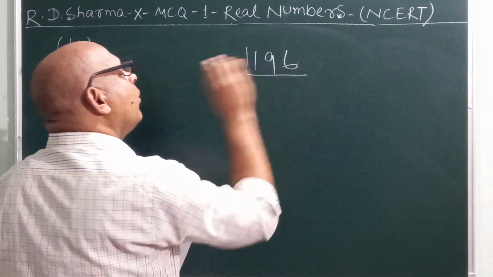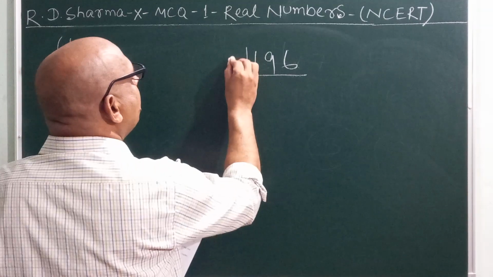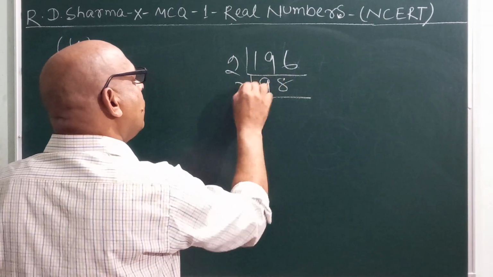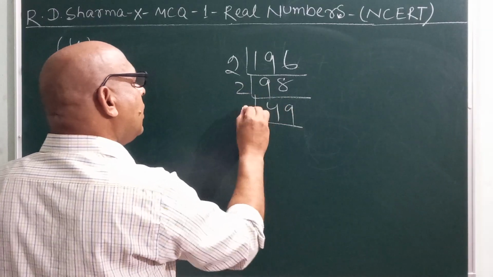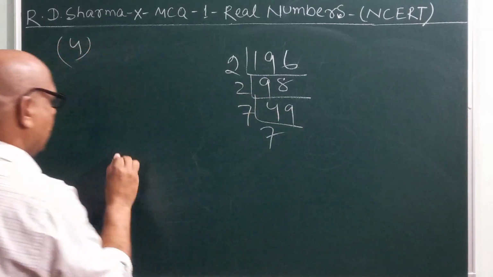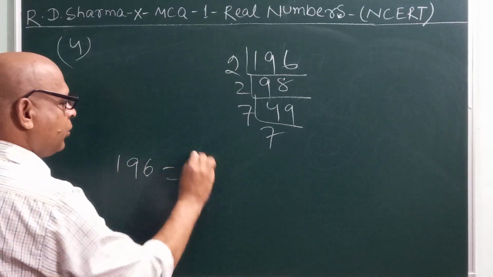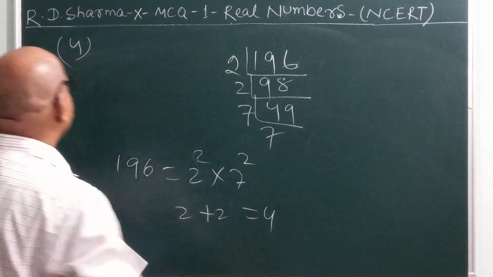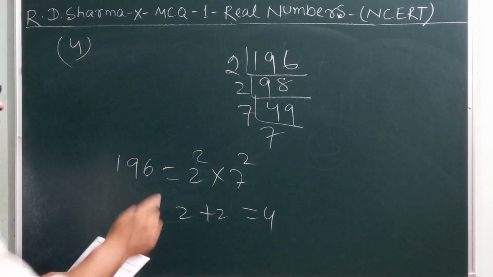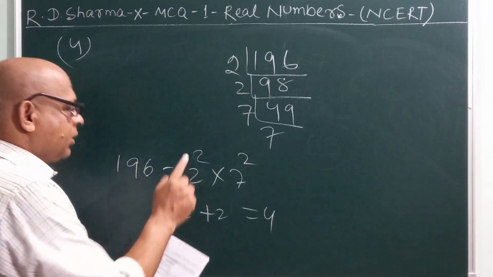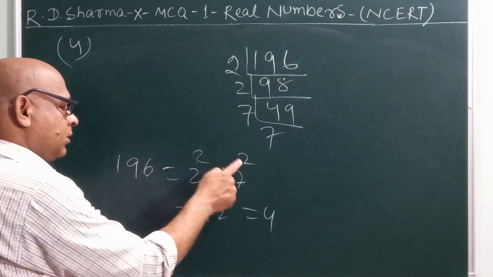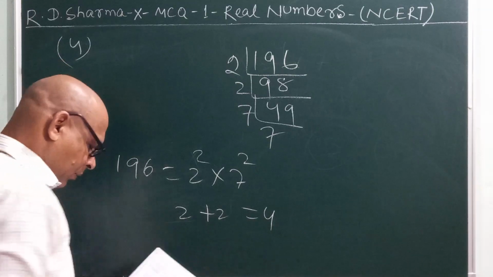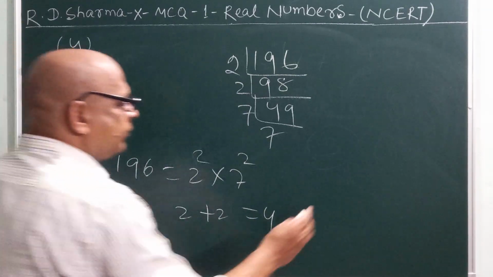First we do the prime factorization: 2, 98; 2, 49; 7, 7. 196 is equal to 2 square into 7 square. 2 plus 2 equal 4. The sum of exponents of the prime factorization of 196 equals 4. Answer is C.